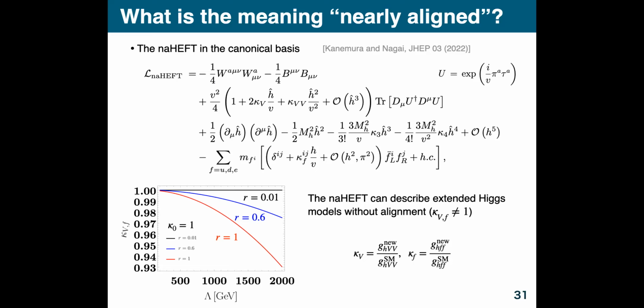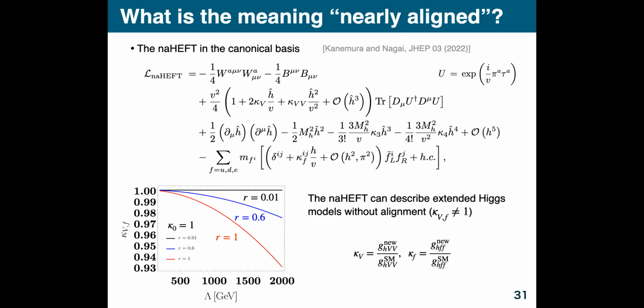So could you again explain the meaning of nearly aligned? In general, according to the LHC result, the LHC requires that the ratio of the Higgs to gauge boson coupling and fermion coupling are unity. In the standard model, the observed facts can be easily explained.